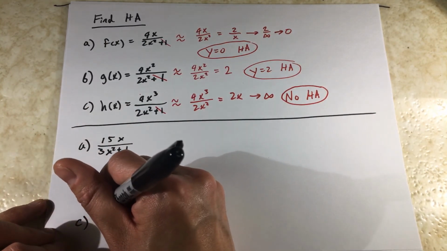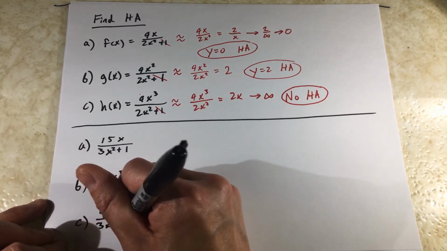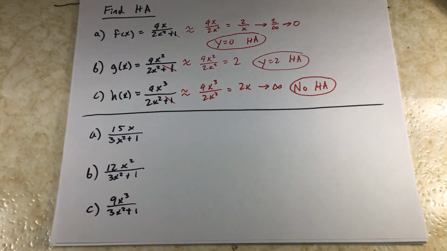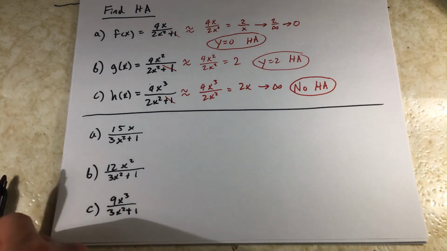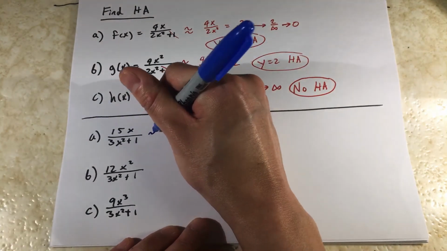And C is 9x cubed over 3x squared plus 1. All right, so why don't you try those? I'm going to count to 3. You can pause the video and do it yourself. Okay, so let's do this. So again, let's approximate these.